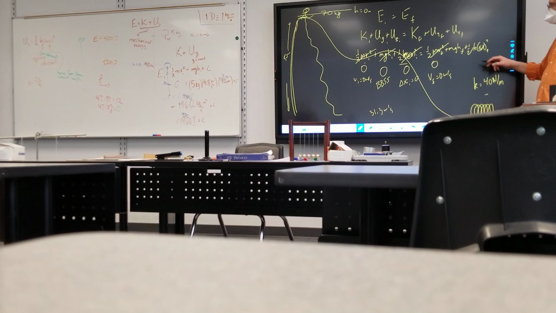Final height? We said that was 0. Therefore, is the final height 0? Negative 50 meters. It'll be negative 50, all right? And final displacement definitely is not zero, because that's what we're trying to find.